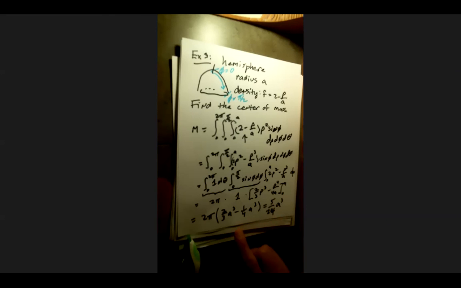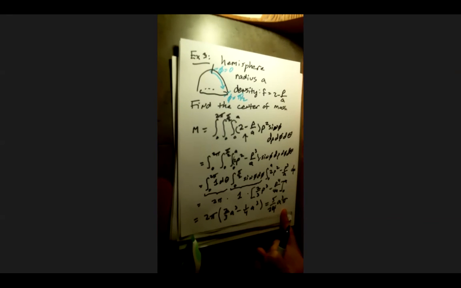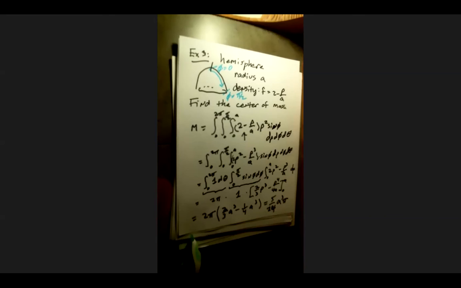So assuming I did my arithmetic right, there's a pi missing here. The mass is 5/24 a cubed times pi for our hemisphere. Are there questions? Go ahead. It should be 10/12, right?